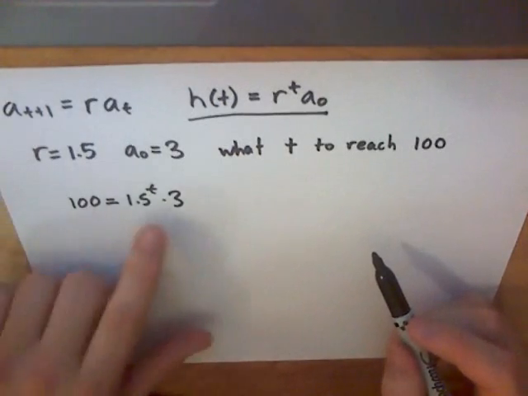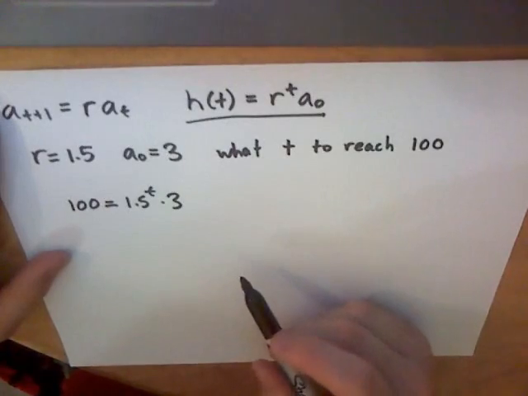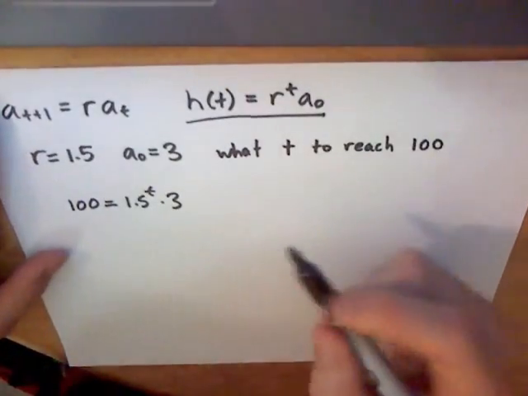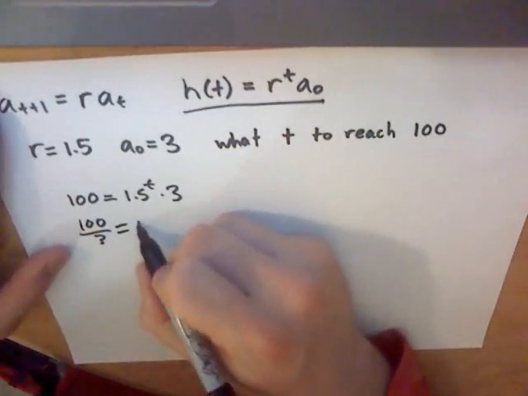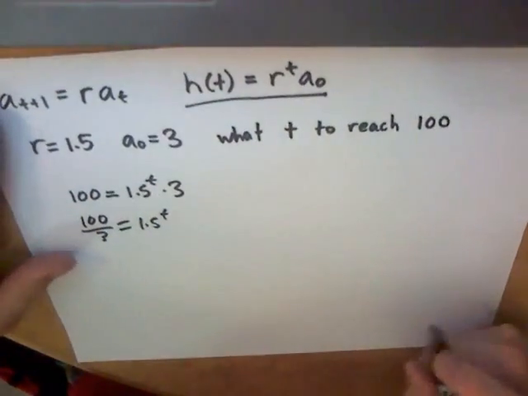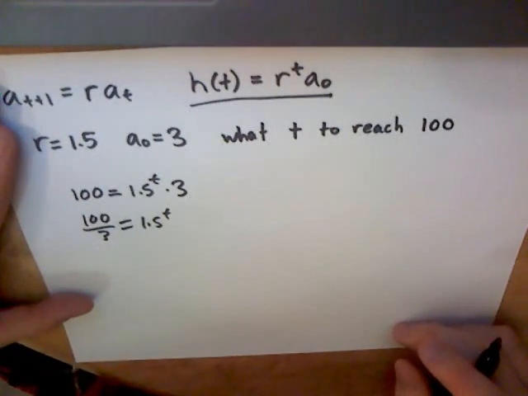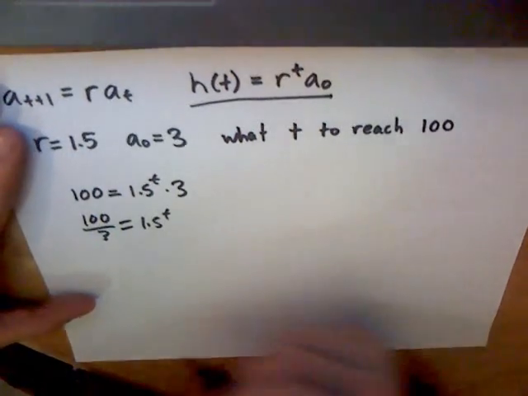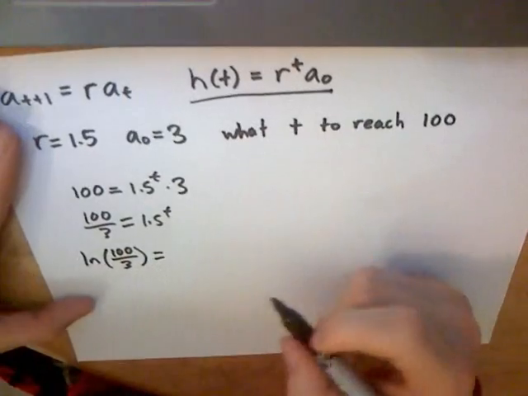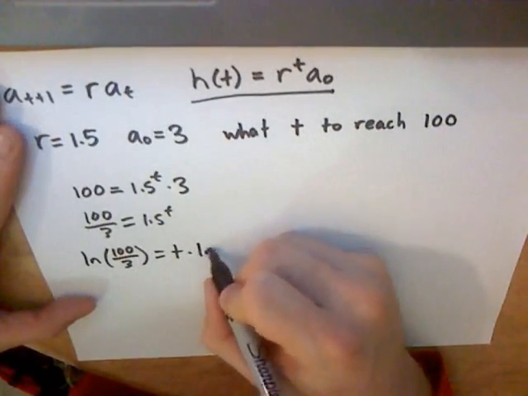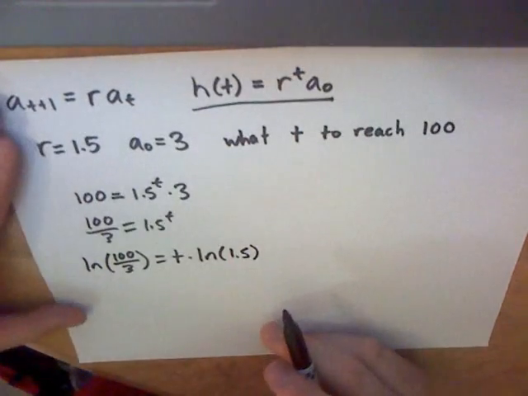In these situations we want to get the t down, so first we divide by 3. So we have 100/3 = 1.5^t. Then we use the ln function to solve for this. So ln(100/3) = t times ln(1.5), and this is the exponential ln rule.